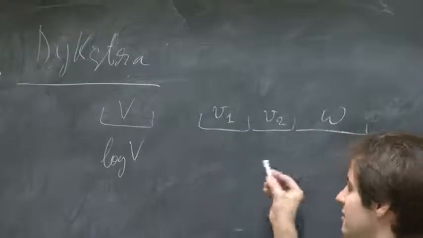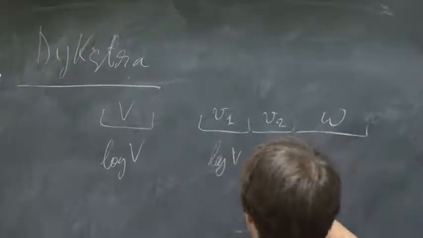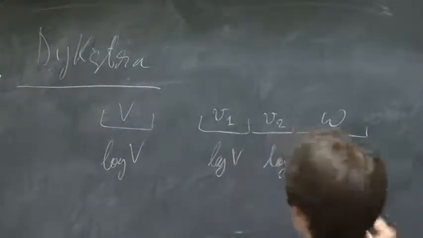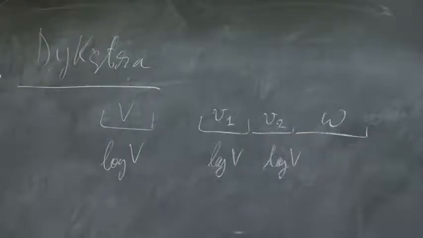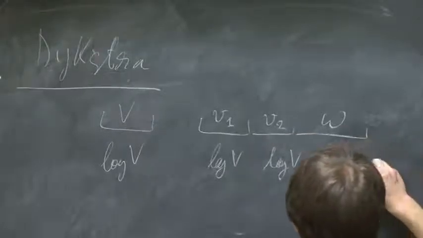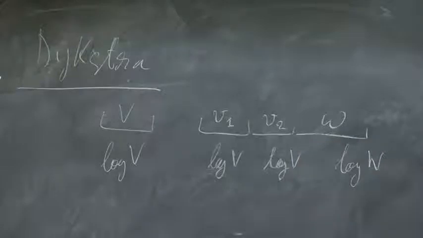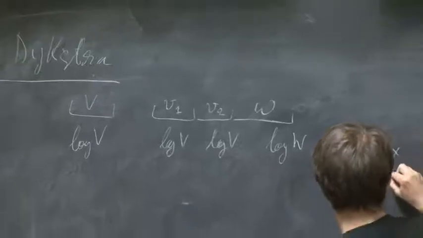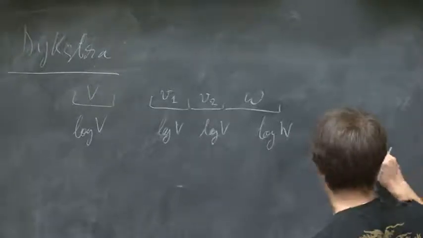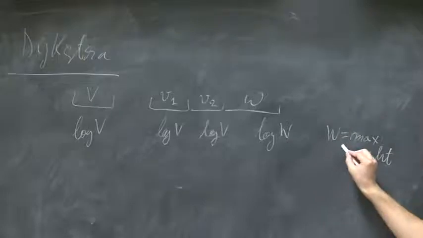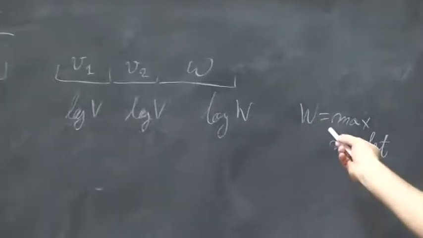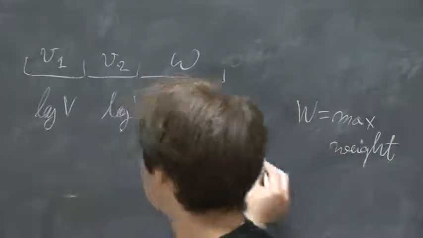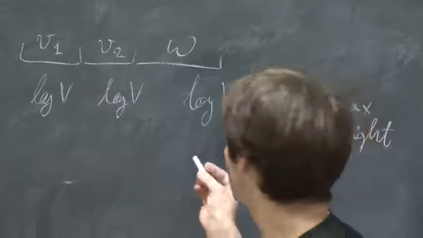What are the sizes of these numbers? Log V, and the last one? Okay, and what's W? Maximum weight. Yep. So this is a property of the field size, right? V is not just a property of, well, let's look at V actually.